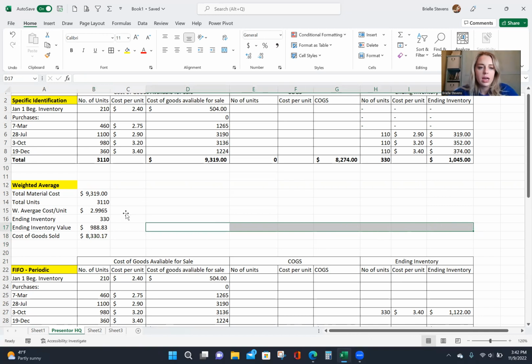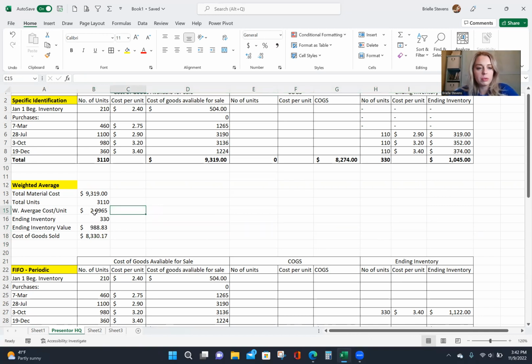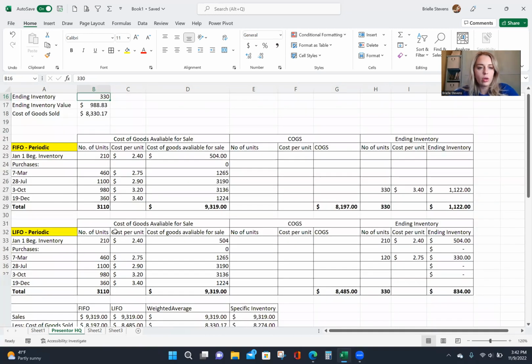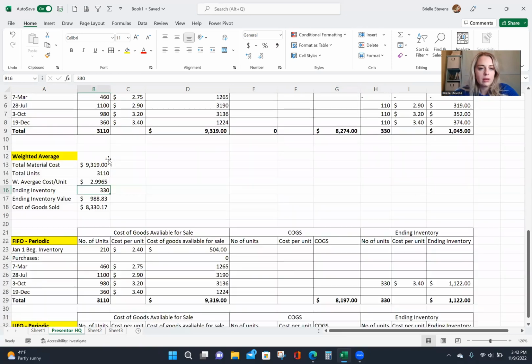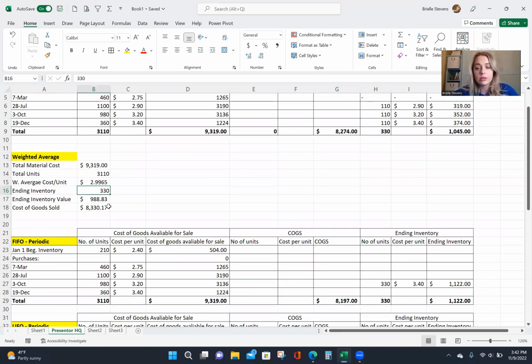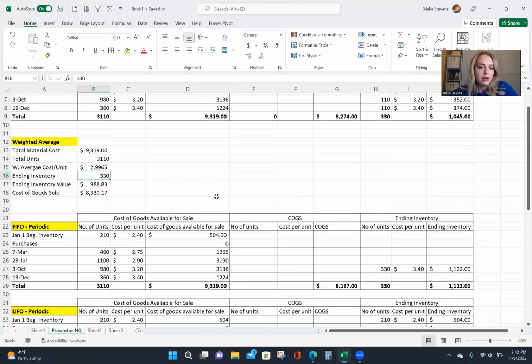So again, just a simpler version, but taking that weighted cost per unit, which is total material cost divided by total units, times your ending inventory. All three of those were given: units, cost, ending inventory amount, to find the values. Okay, pretty basic math. It's just about plugging it in, which is why I've done this big visual.